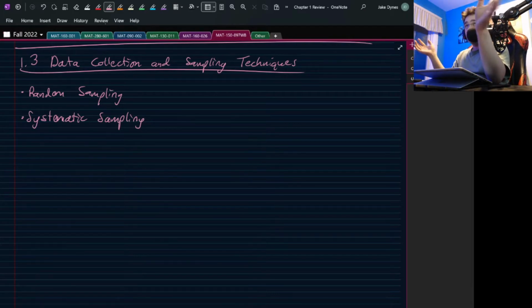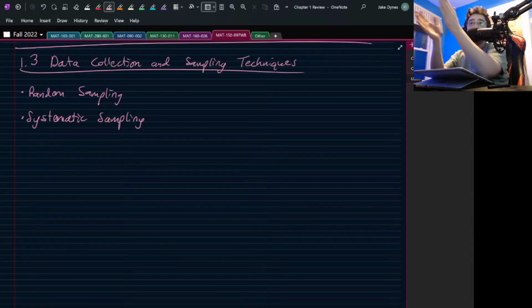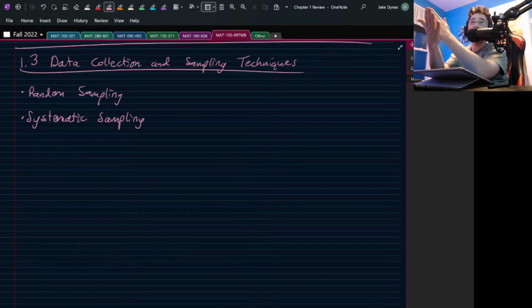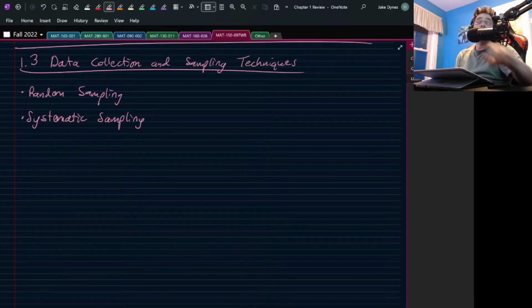They test maybe every 20 off the conveyor belt, just to get a good spread while not having to select every single one, right? That would be an example of systematic sampling. It's like every blank, they make a K, right? Every K items, the kth one will be the next one put in the sample. So if K is 10, it would be the 10th one, then the 20th one, then the 30th one, then the 40th one. All would be included in the sample, whereas all the rest wouldn't.